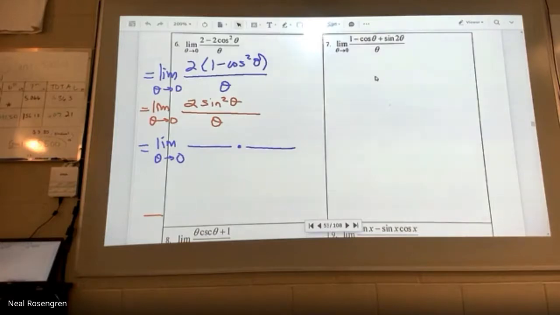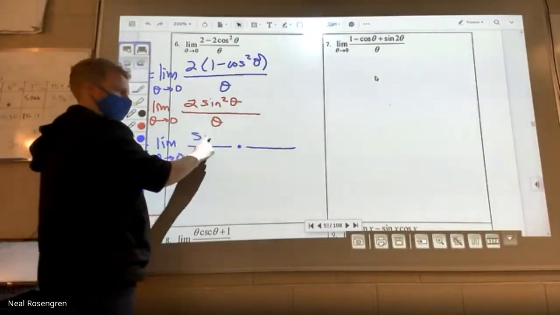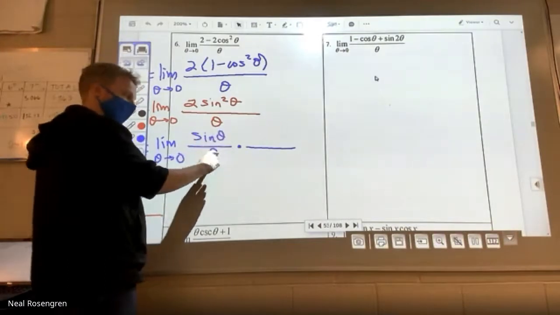When we break it into addition or subtraction, I have to have common denominators, and I just keep them the same. So, do you see a way to isolate either like a 1 minus cosine of theta or a sine of theta over theta based on some factors that show up? Sine of theta over theta times sine of theta over theta. Can I put the nice one first? Yeah. The sine of theta over theta, and then what's left?